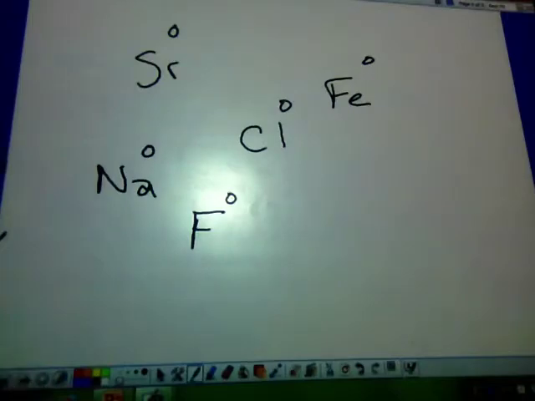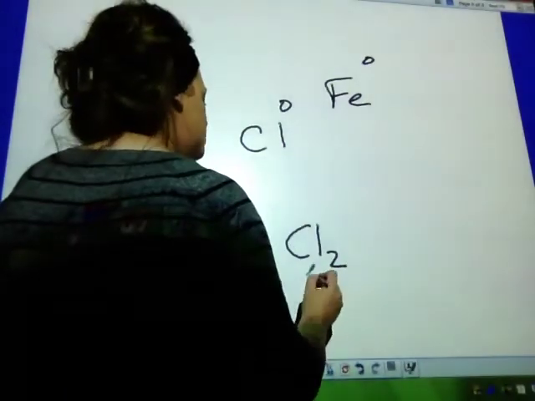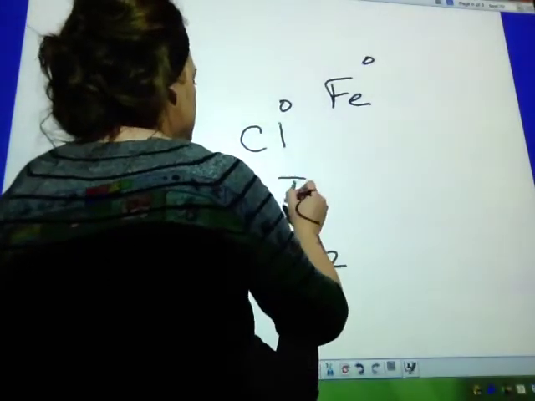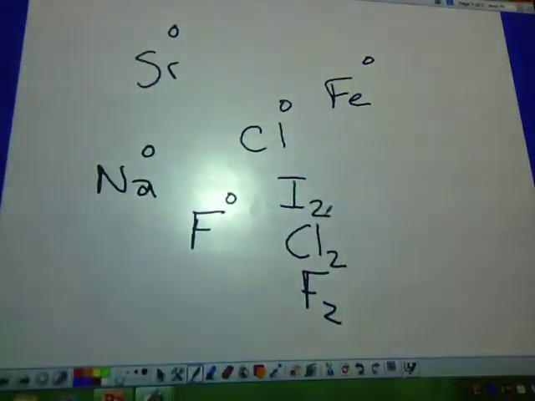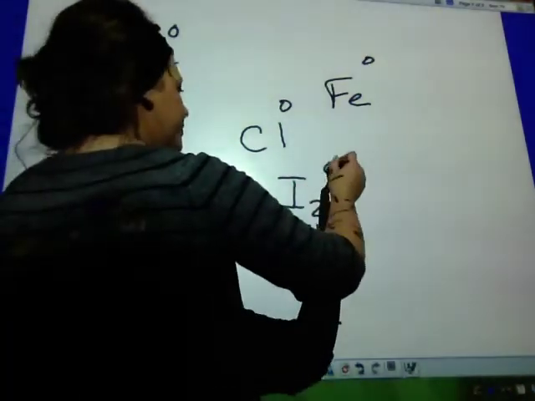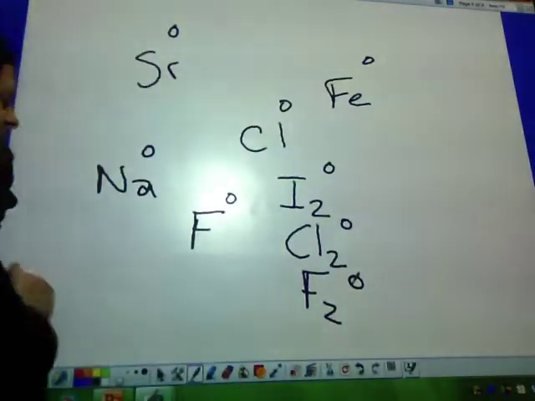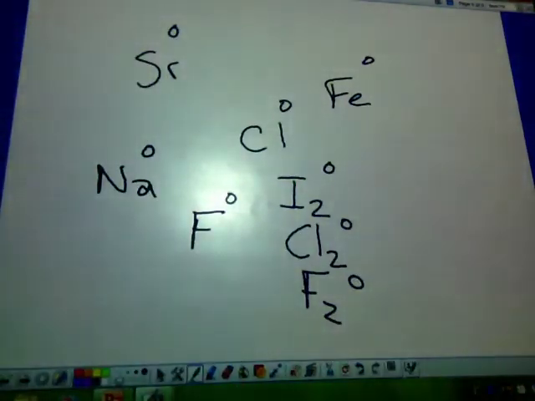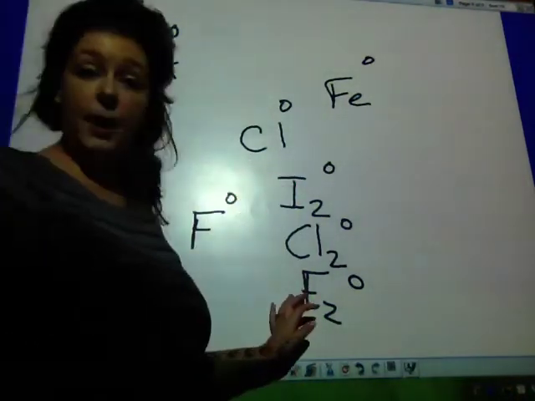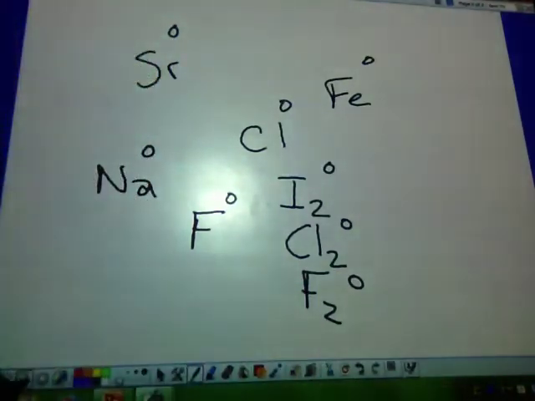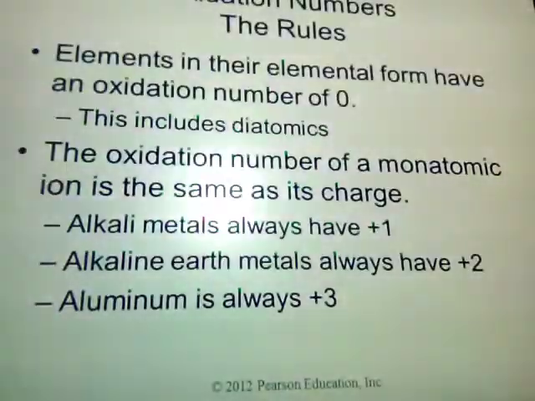Now, what happens if I had a diatomic? Cl2, F2, I2. Any diatomic element is also considered an oxidation state of 0. So any element by itself, any diatomic element, oxidation state of 0. Okay? Next one.